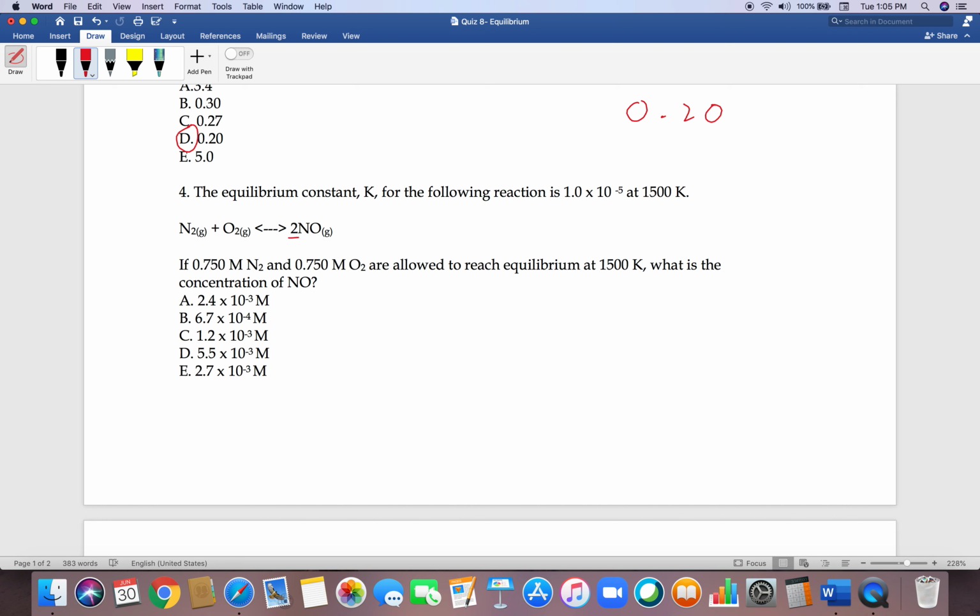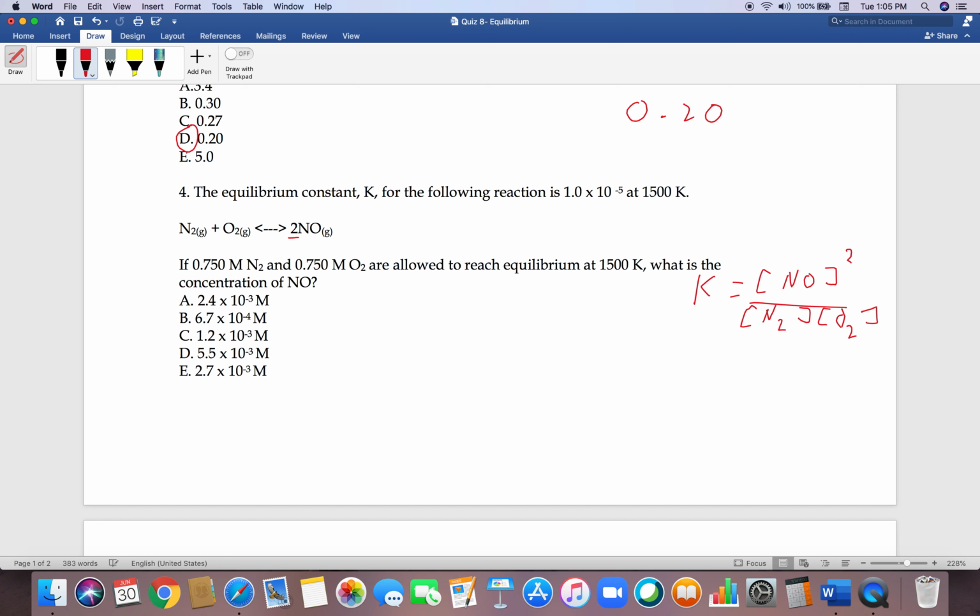But you just need to be careful with the math that you don't make any algebraic mistakes. So let's first write the standard equilibrium expression. So K is going to equal the concentration of nitrogen monoxide squared divided by nitrogen gas times oxygen gas.